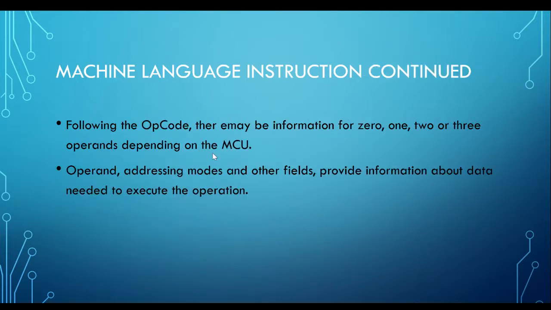Following the opcode, there may be information of 0, 1, 2, or 3 operands depending on the MCU. There's a bit of variation, but it doesn't matter. For this unit, we just assume that we are working with the MSP430, exactly like whatever is in the textbook. When you go for your embedded system engineering, it's the same thing. You'll be using the same platform.